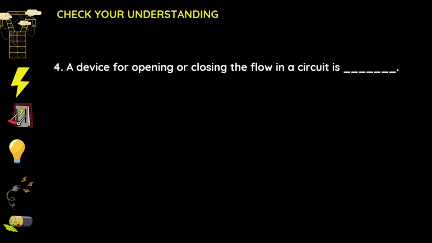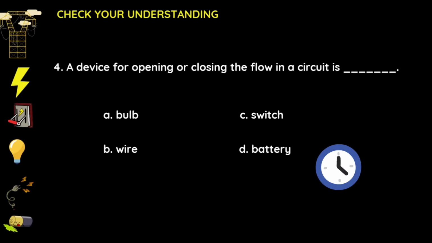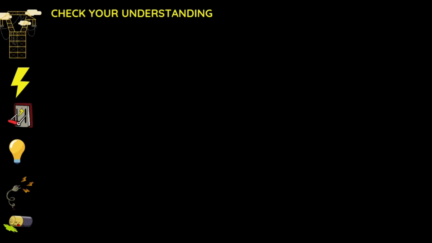A device for opening or closing the flow in a circuit is blank. A. Bulb, B. Wire, C. Switch, D. Battery. For number 4, the answer is letter C. Switch. This is a device for opening or closing the flow of electricity in a circuit.